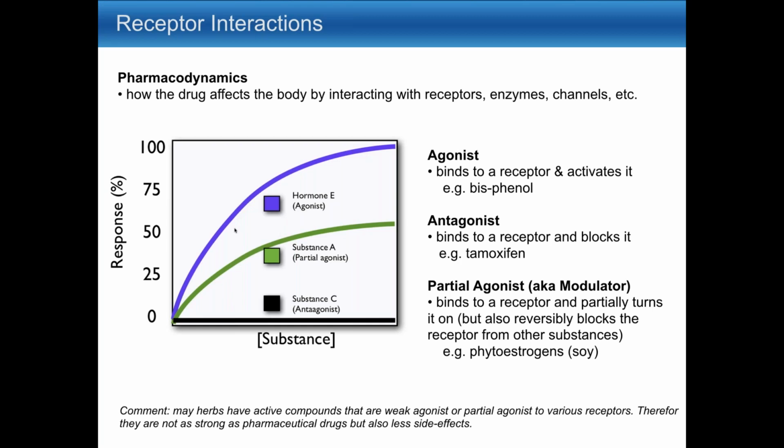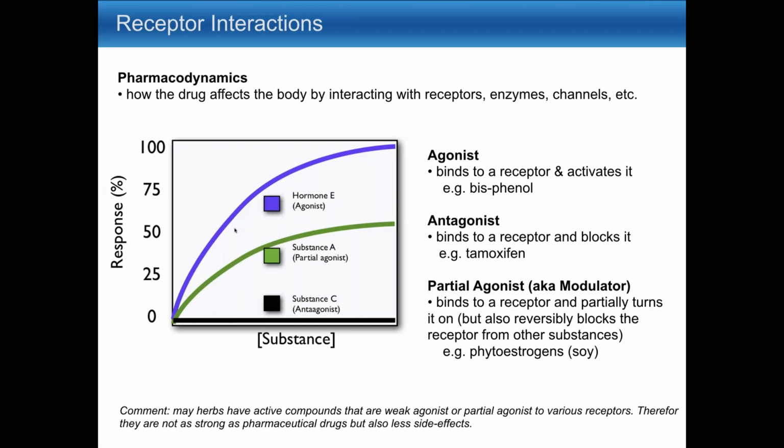And then when it comes to estrogen, you could block that receptor by using a drug like tamoxifen. This is an anti-cancer drug that basically blocks these estrogen receptors, so there's no estrogenic effects in the body. And then the third thing that some of these things will do is, rather than turning it fully on or turning it off, they can modulate it.